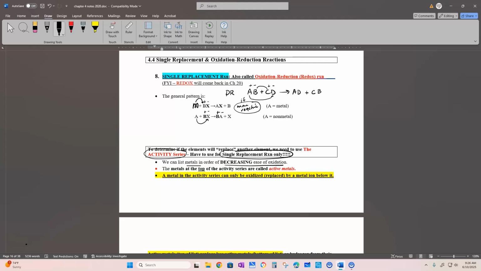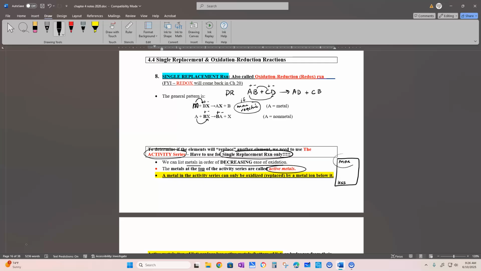Now I know oxidation doesn't mean anything to you yet, but the metals at the top of the activity series are what we like to call the most reactive metals. So the ones on top, you're going to see a list in just a second. The metals on top are more reactive, and the metals on the bottom are less reactive.